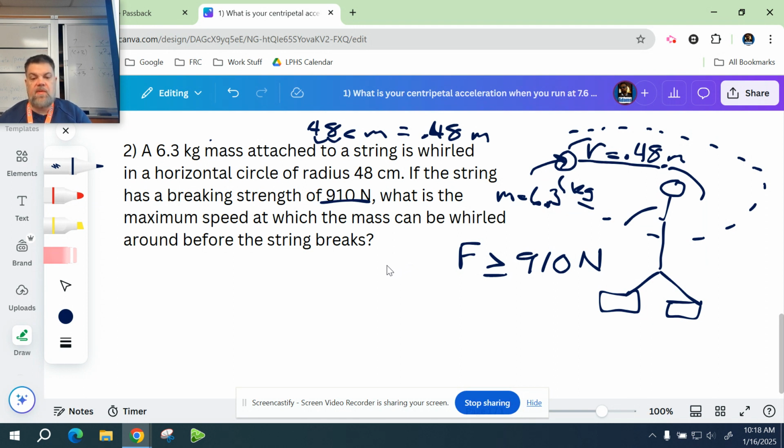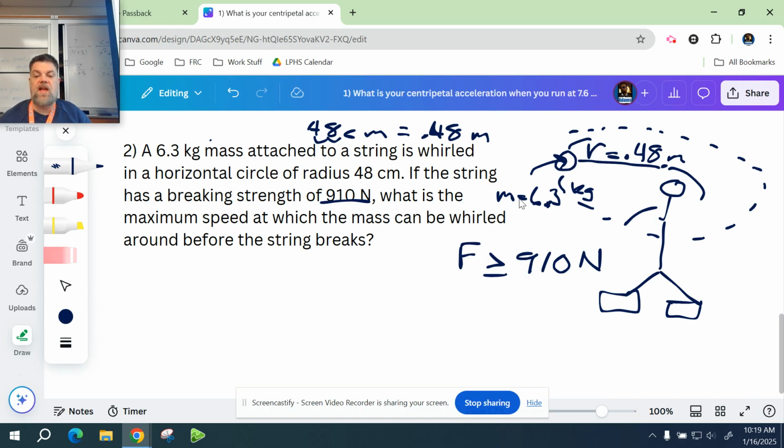Is there any other information they give us? Now, if you were to do this on your own in your homework, this is where it's a little overwhelming. You might be like, where do I start? What do I plug in? How do I calculate this? Well, you look in your notes for an equation that has most of this stuff. This is the maximum force, so this is a force.